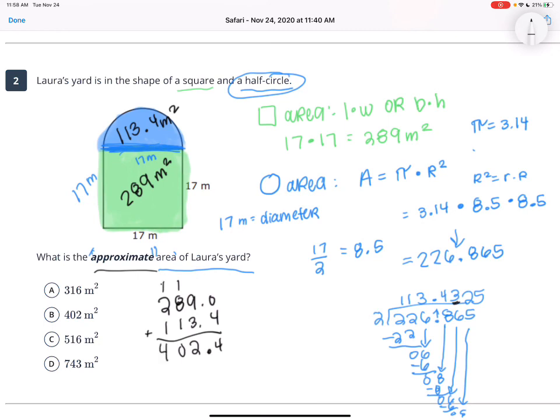When I look at my answer choices, which one seems the closest to this answer? If you guessed B, you are 100% correct. B will be the closest to this answer.